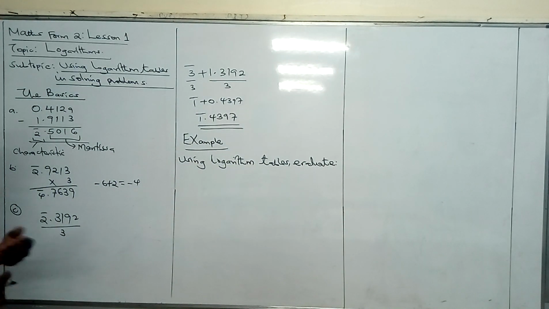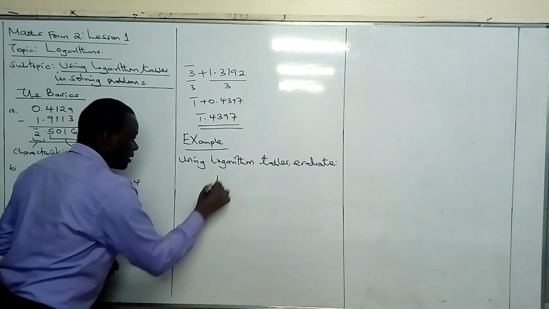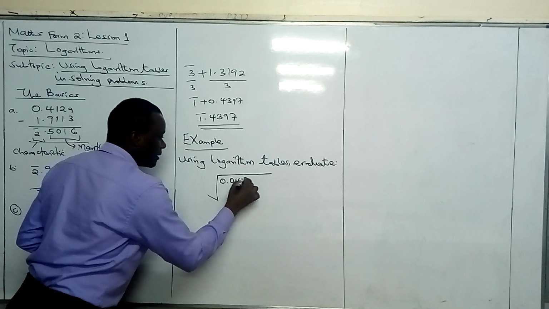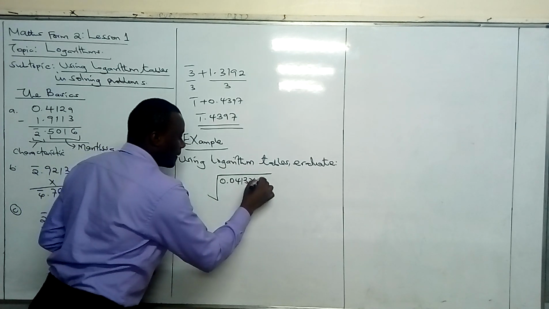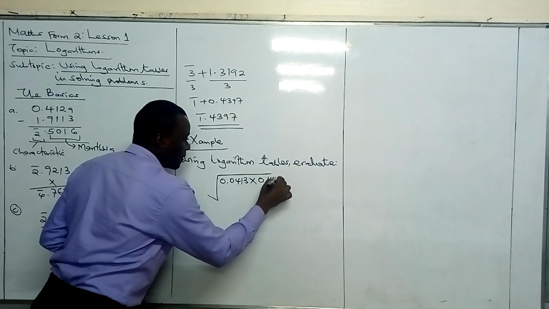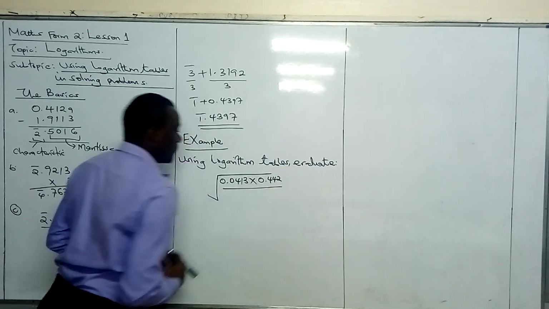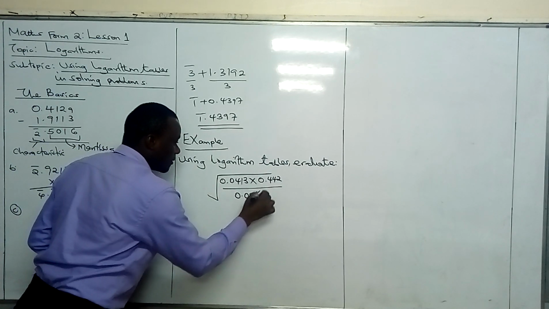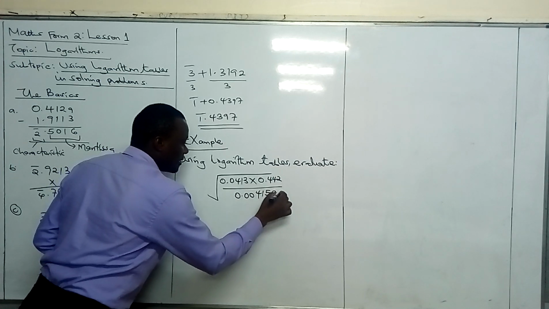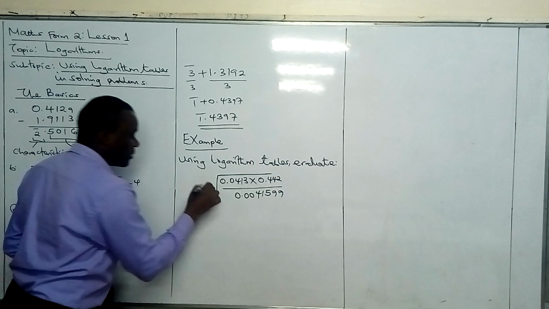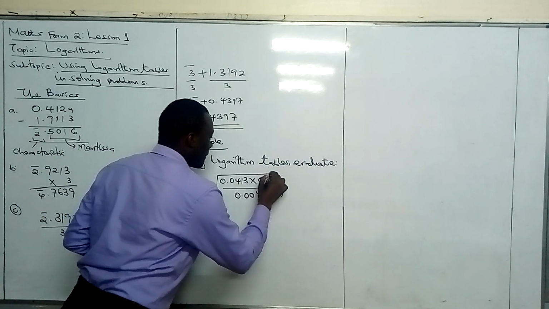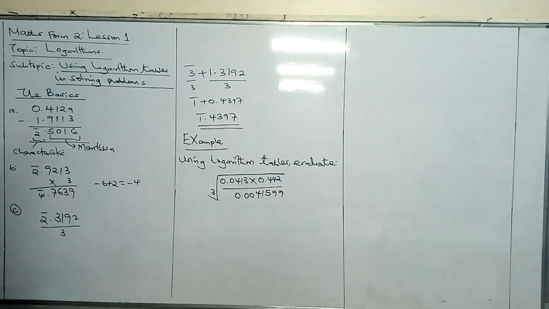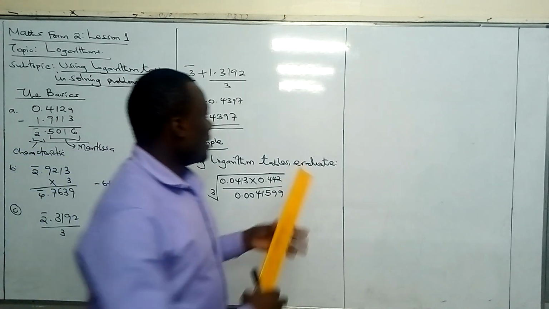Let's say we have been given a number like 0.0413, we are multiplying by 0.442, then dividing by, we can think of a number like 0.0041599, and let this one be a cube root. So how do we evaluate this kind of equation? You must start by drawing a table.